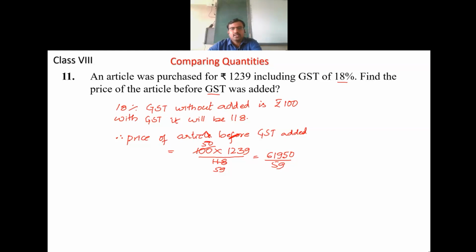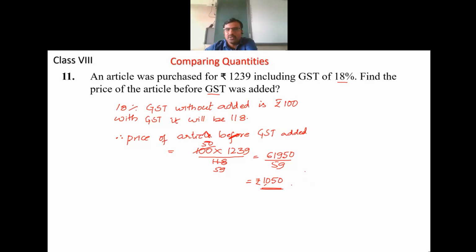When you divide this by 59, we get 1050. Very good. 1050 is the price of the article before GST is considered.